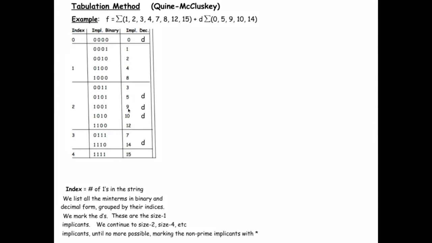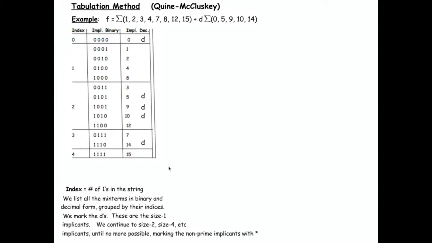The implicants of 1 that don't have a D next to them are the true minterms that have 1s. Any questions? So 1, 2, 4, 8, 3, 12, 7, and 15 are minterms of this function that matter, and 0, 5, 9, 10, and 14 are the ones that don't matter.